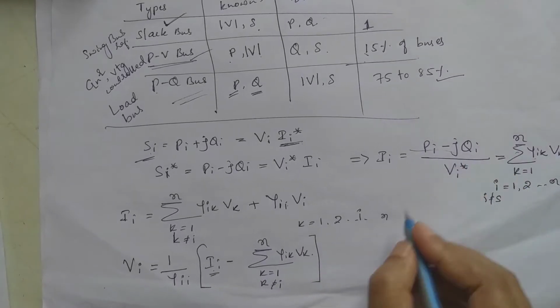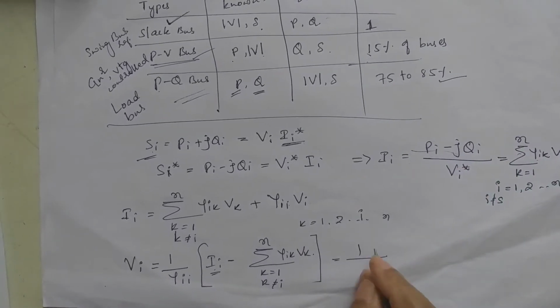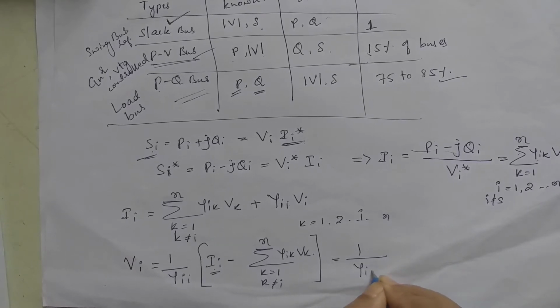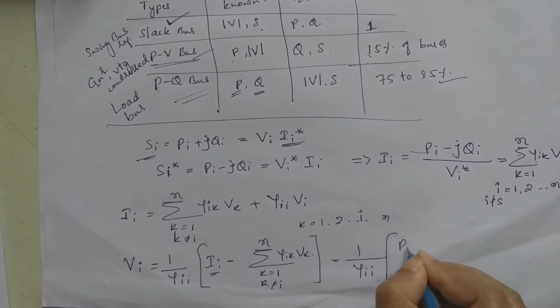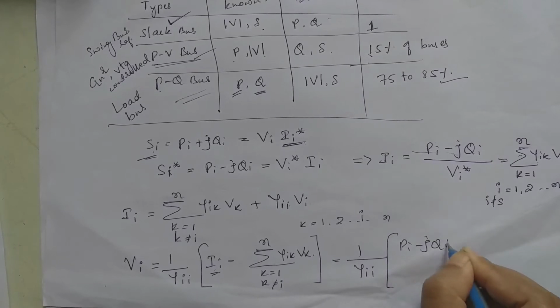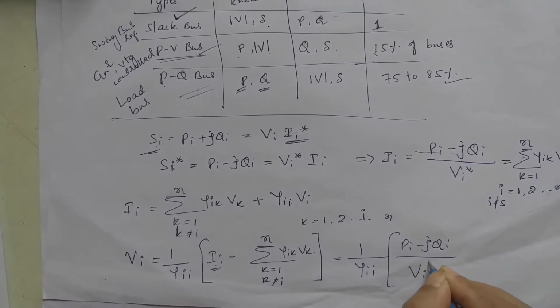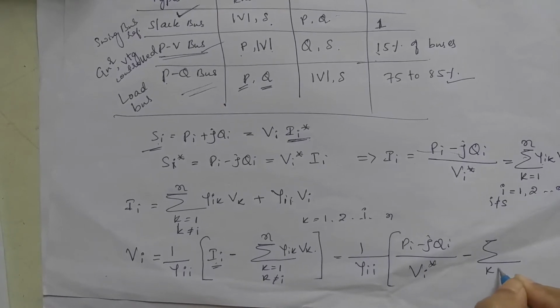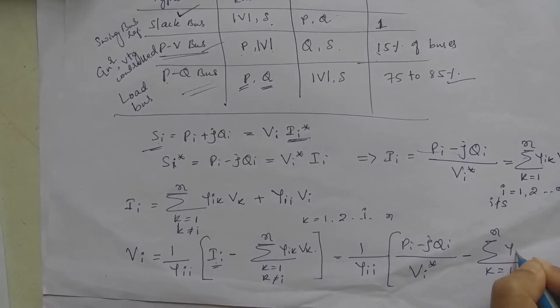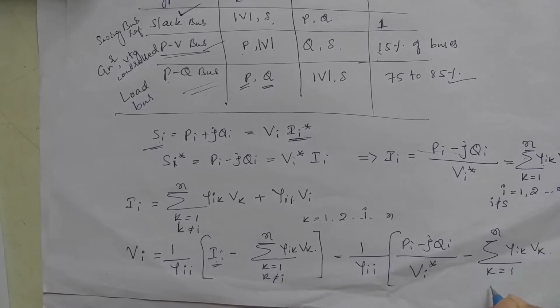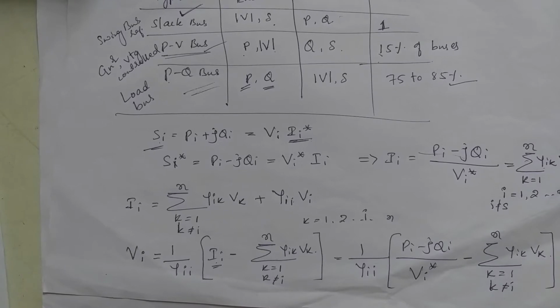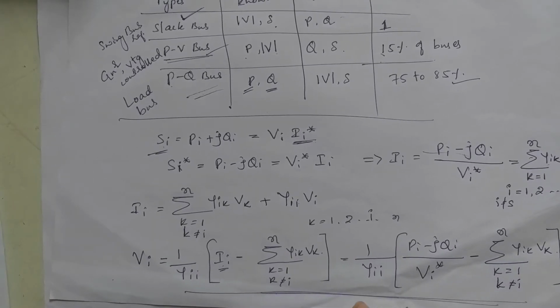Ii is equal to (Pi minus jQi) divided by Vi conjugate.